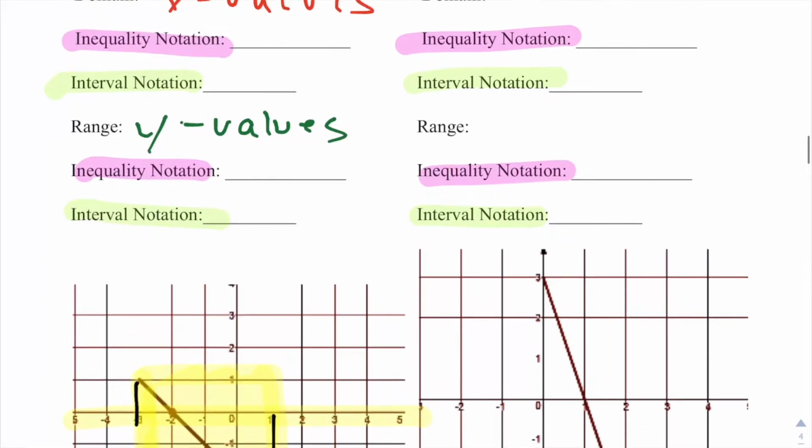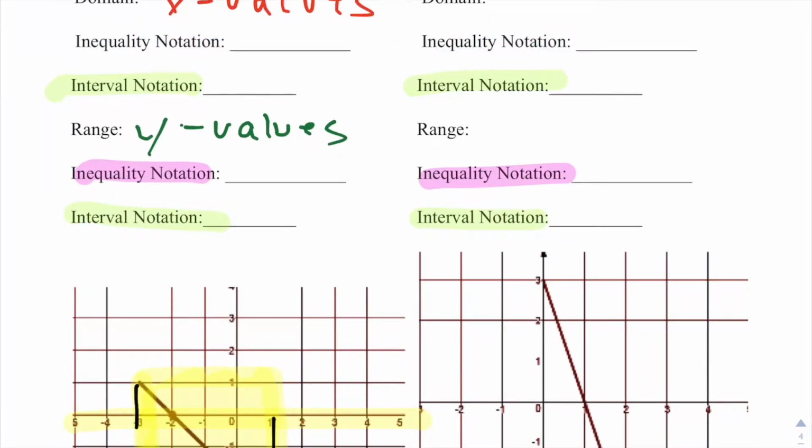So in inequality notation, this line segment starts at -3 and ends at +1. All the other values of this line segment are x's, and we don't know what they're going to be. They're any x that we can plug in from -3 to 1.